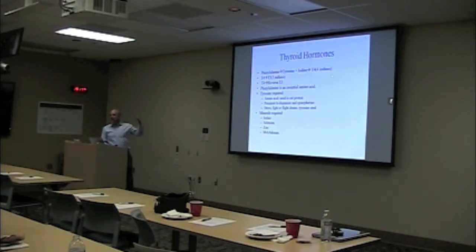So these people have got a defect in their ability to convert T4 into T3. We have plenty of T4 floating around, but they have very low T3s. And on top of that, they're converting the T4 into reverse T3. And the reverse T3 is inactive. It's a very inactive molecule. It's isomers. It's a right hand and left hand.